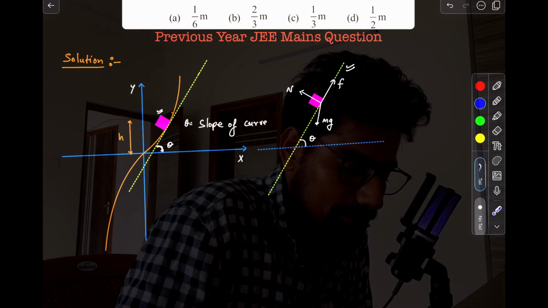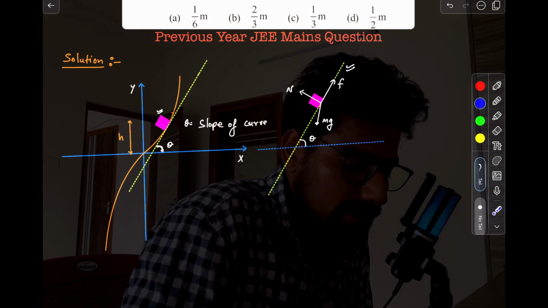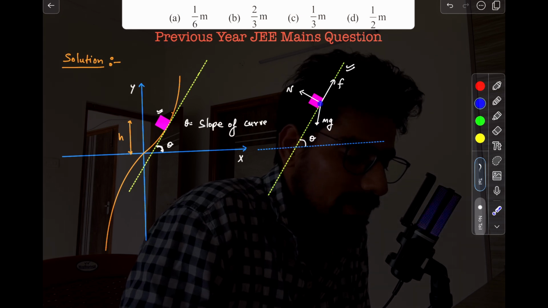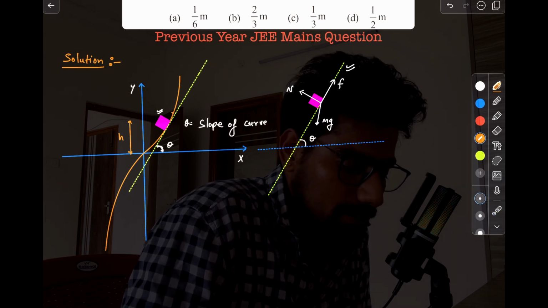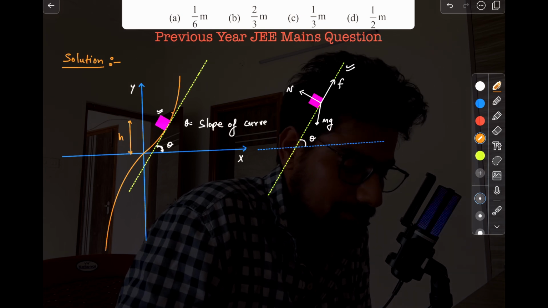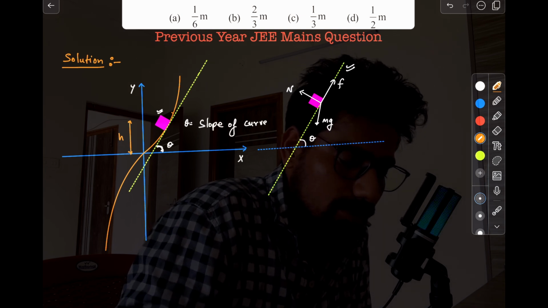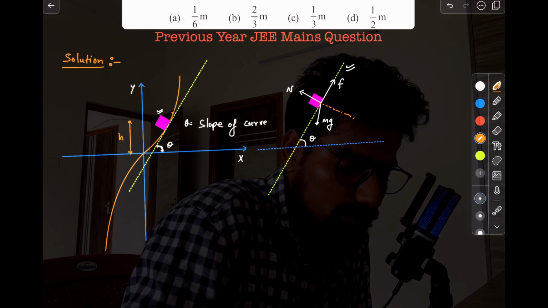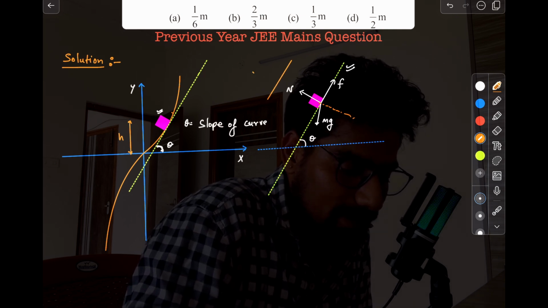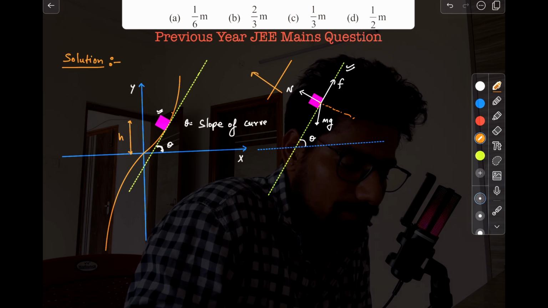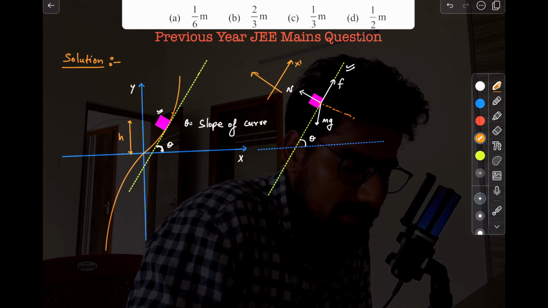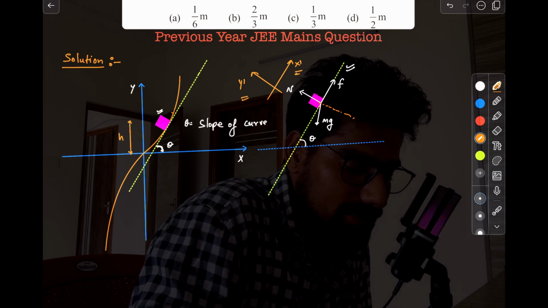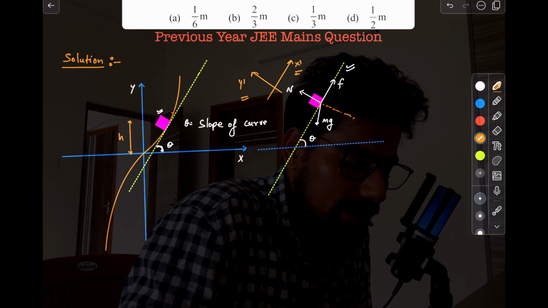Why? Because the object has a tendency to go down, and mg will act in the downward direction. Now look here, if I break this mg, first of all I need to find the angle. Generally, if we take an inclined plane, we take a pseudo x-axis, x dash, and y dash. In the directions x dash and y dash, equilibrium will be there, so total forces will be 0.